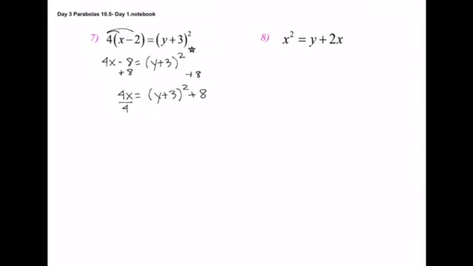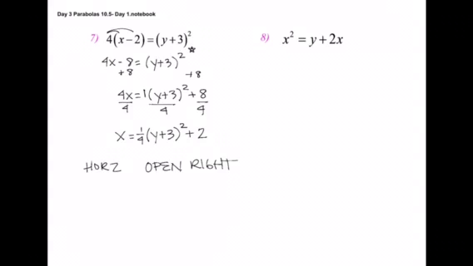I can then divide by my 4. Don't forget to divide everything. There's an invisible 1 out front of your parentheses, so you have x is equal to 1/4 times the quantity of y plus 3 squared, plus 8 divided by 4 is 2. So I have a horizontal parabola. My a is positive, so it opens to the right. And my vertex is at 2, inside is opposite, negative 3.